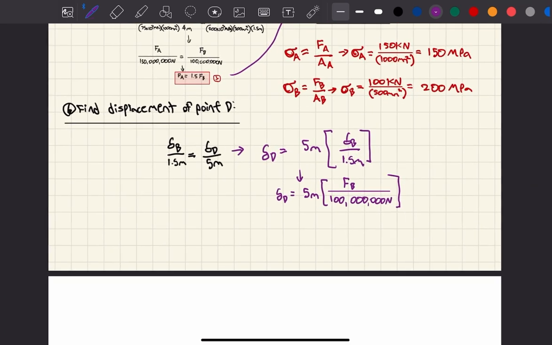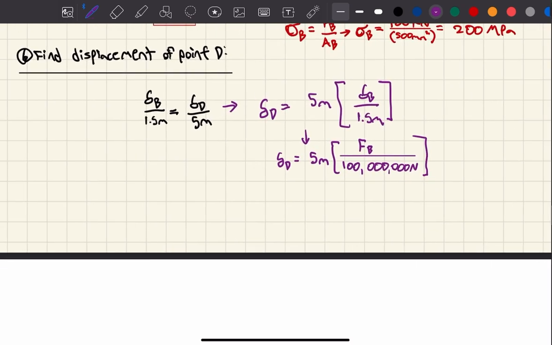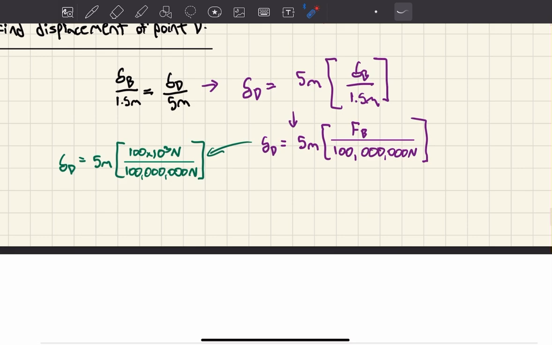Okay, we're going to sub in for FB, and FB right here is 100 kilonewtons, 100 times 10 to the power of 3 newtons, divided by 100 million newtons. Just double check, everything's fine. Yep.